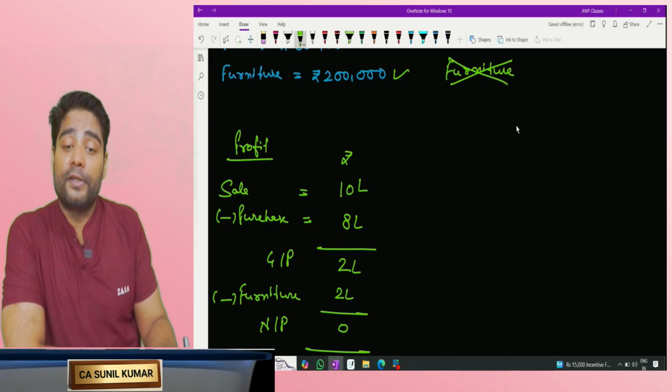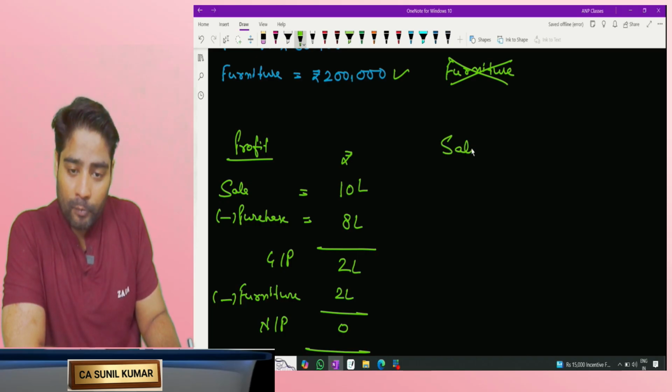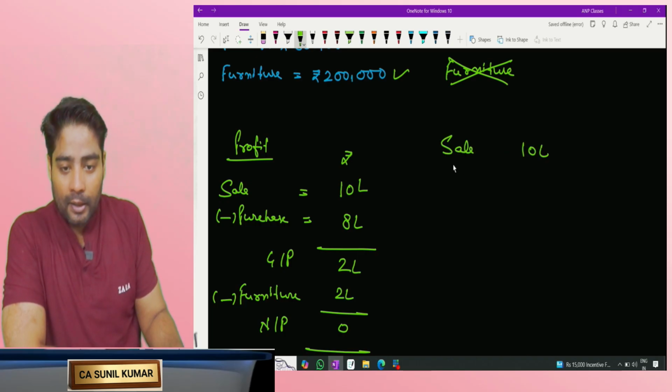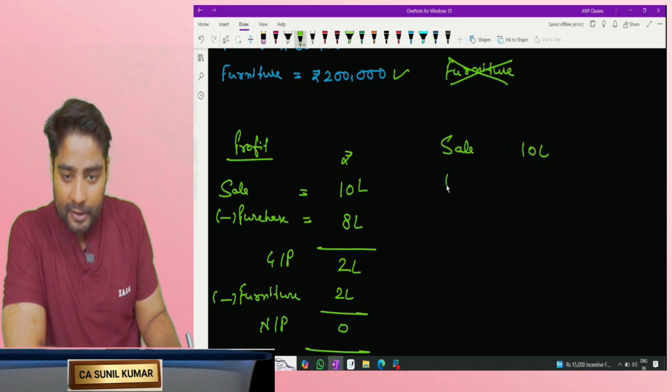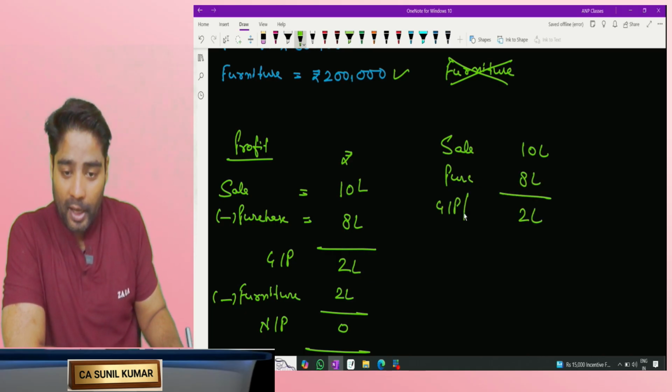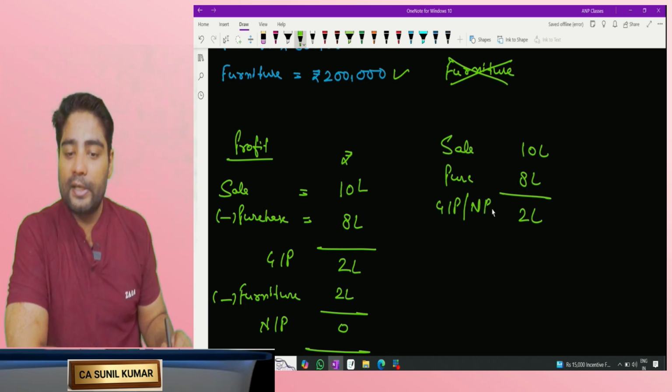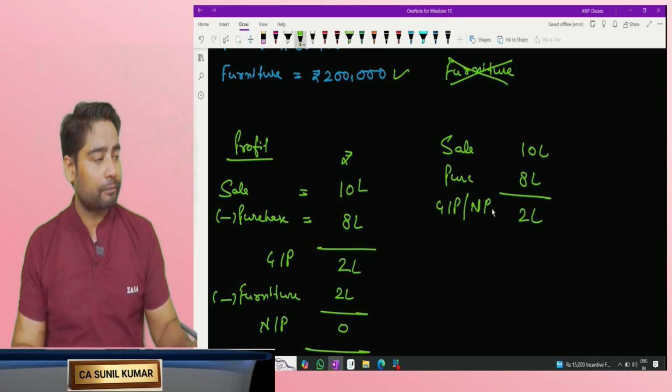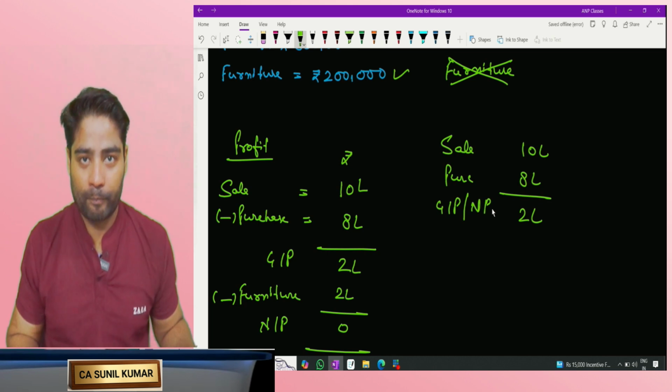On the other hand, Mr. Sham's sale is the same, 10 lakh, his purchases are also the same, 8 lakh, but he did not purchase any furniture. So this 2 lakh will be his gross profit and also his net profit.